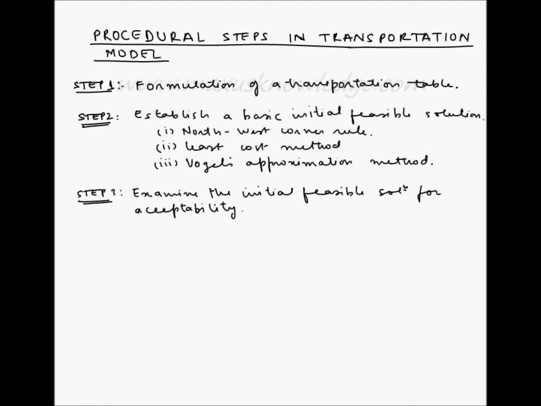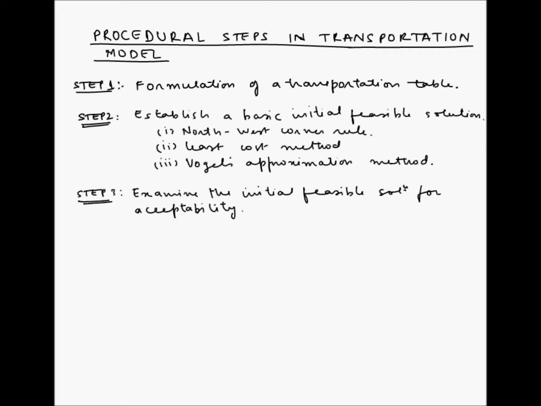So after we have established the basic initial feasible solution, we want to find out if this solution is optimal or not. However, before we proceed with the optimality test, we have to perform step number 3, where we find out if the initial feasible solution is acceptable to proceed with the optimality test or not.